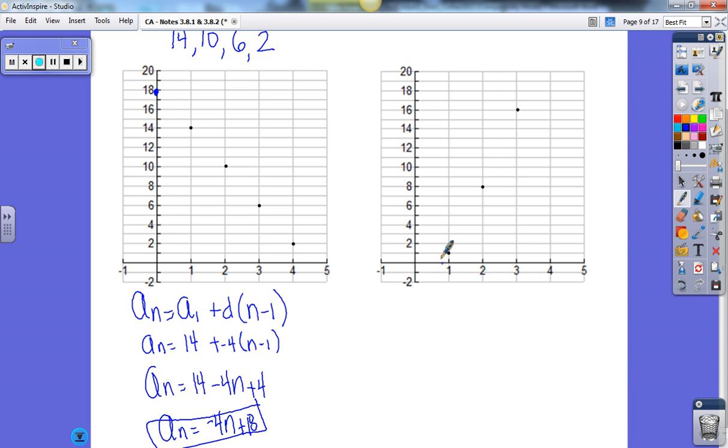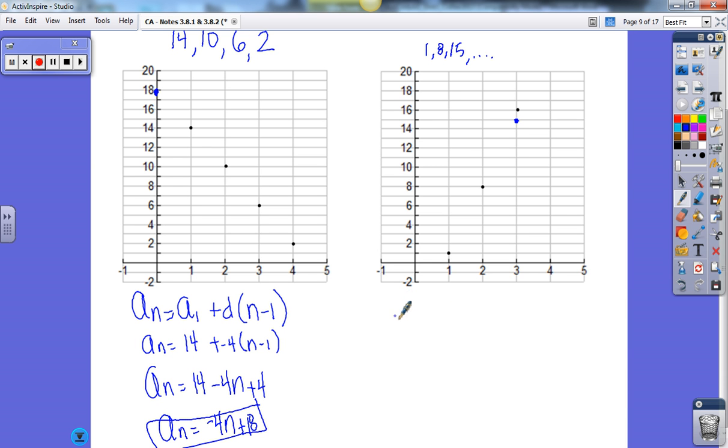My second graph, I've got a sequence where my first term is 1, my second term is 8, and my third term should be 15. Sorry about that. Okay? So if you'll notice, I'm adding 7 every time.